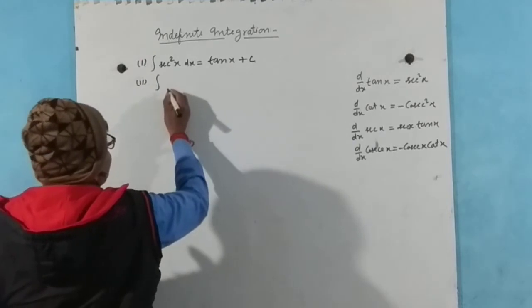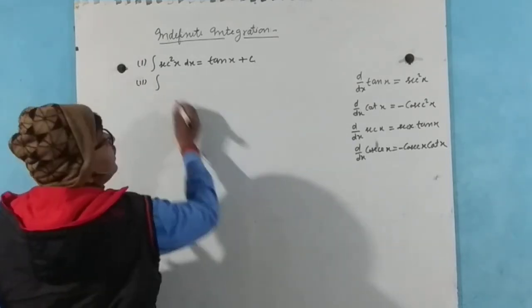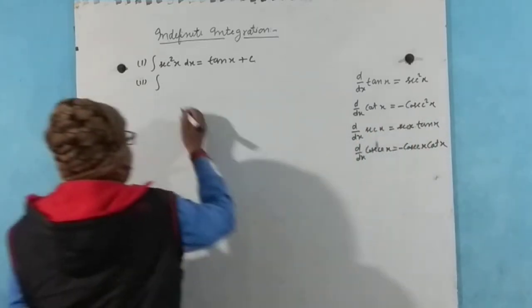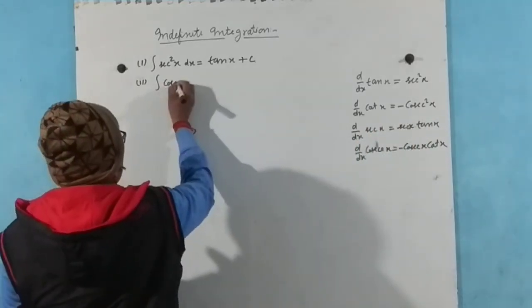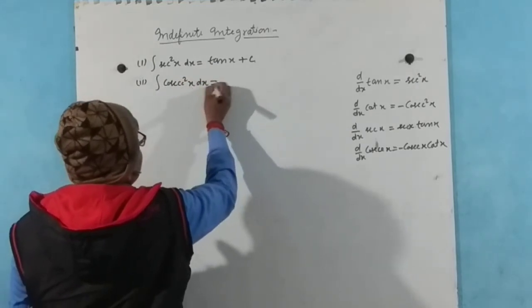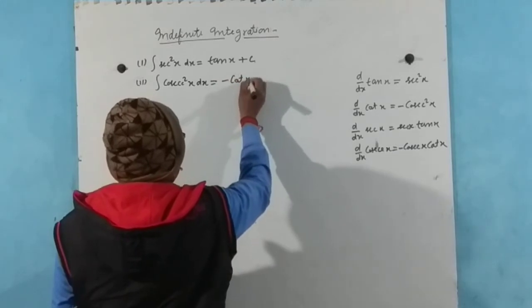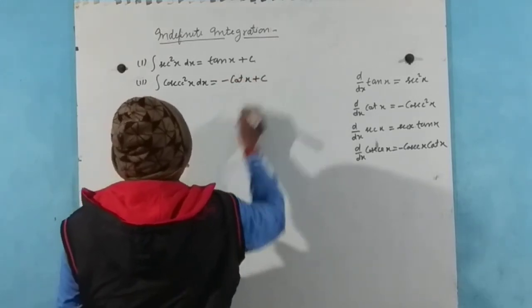Integration of cosec square x dx equals minus cot x plus c.